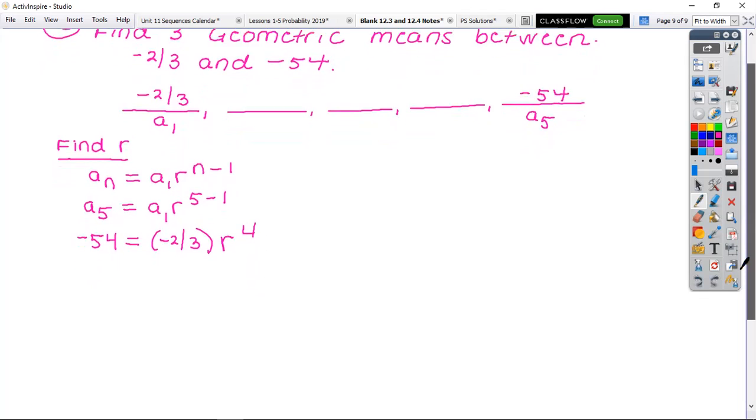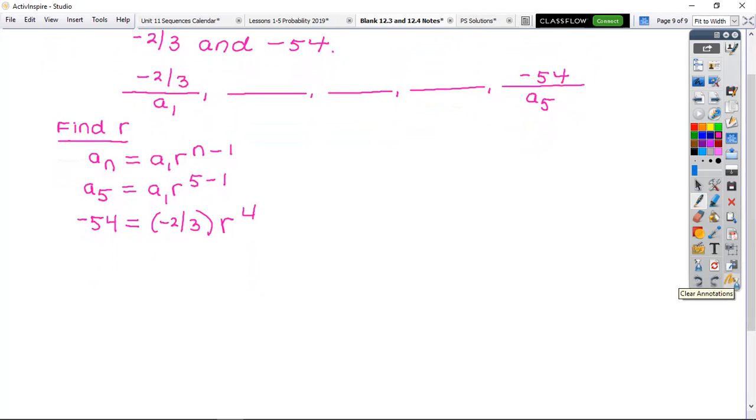Then you divide by the -2/3 right in your calculator, and you have 81 equal to R to the 4th.